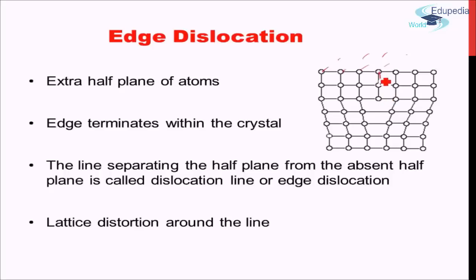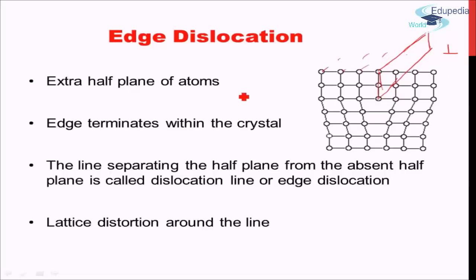Thereby this will be an extra half plane of atoms, right? There are atoms present over here, but atoms are absent here. Okay, so this is a positive dislocation, as I already mentioned, denoted with this symbol.